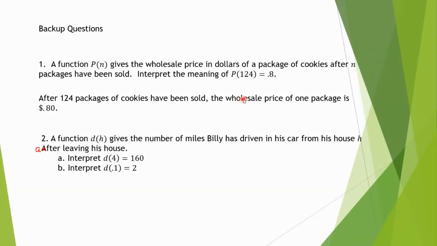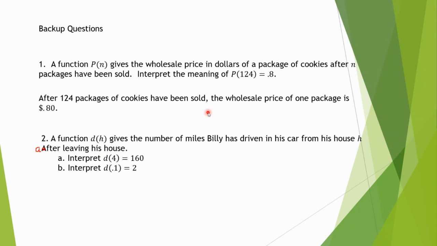I forgot, that's interesting, the word hours didn't come up. Anyway, that's what it should be. So h hours after leaving his house. So d of h is how many miles Billy drove his car from his house, h hours after leaving.